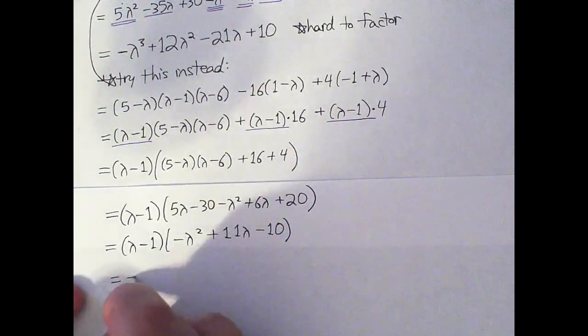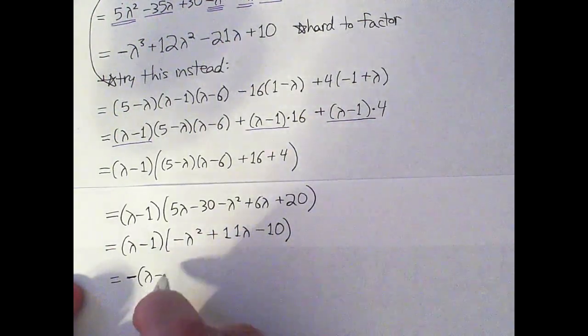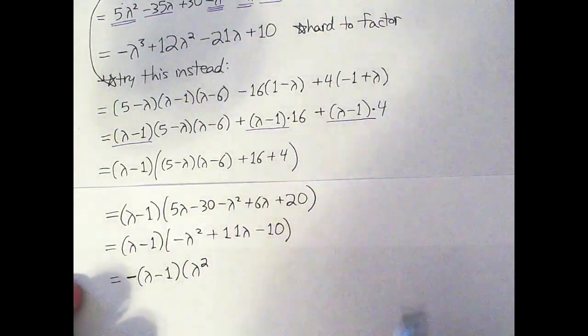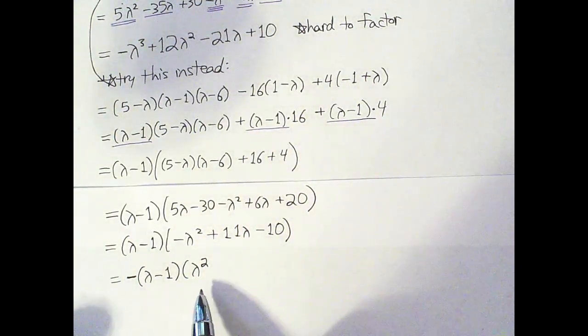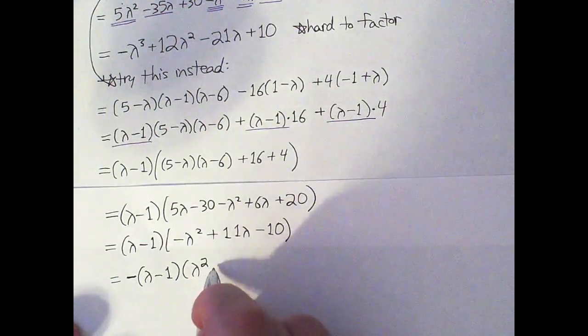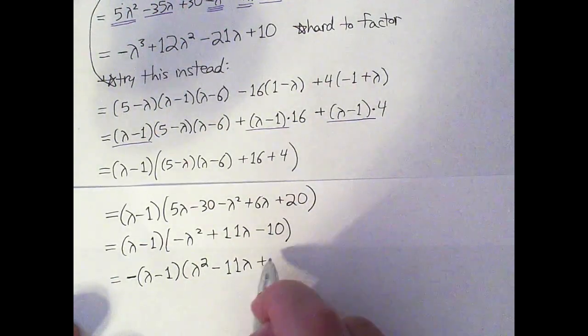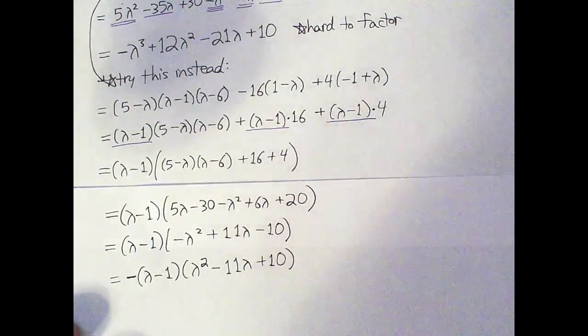I'm going to pull the negative all the way out here, so that what I have in here can be a positive. That's just kind of a personal preference. It means I'm going to have to flip the signs of this other stuff. So minus 11 lambda plus 10. You could say that's optional, but I like doing that.